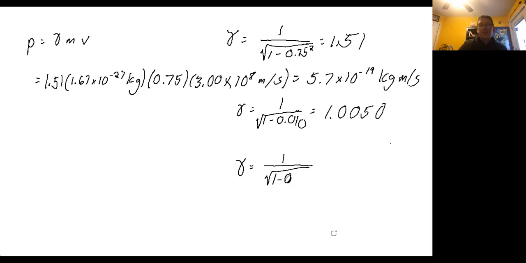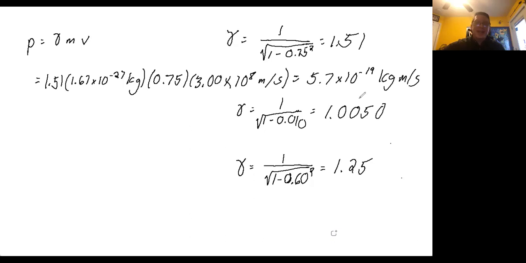When you are at, what was it again? 0.60 c. Right, 0.60 c. We already did this. That becomes 1.25. The denominator becomes 0.8, and so you invert that. That becomes 1.25, and that's with the square root included.